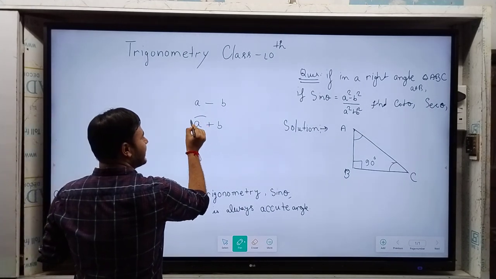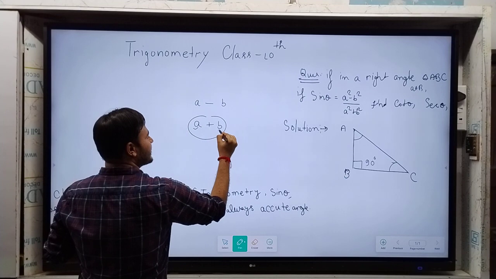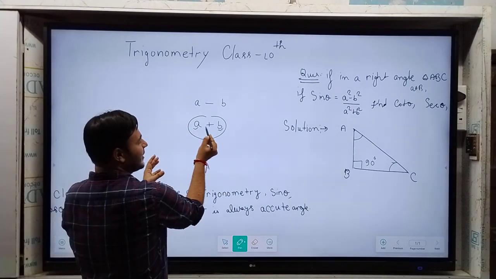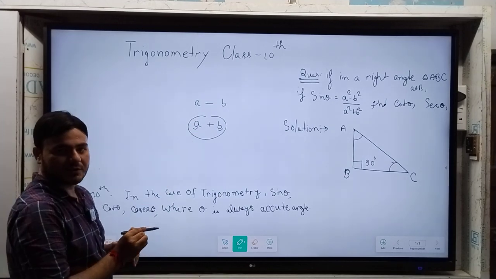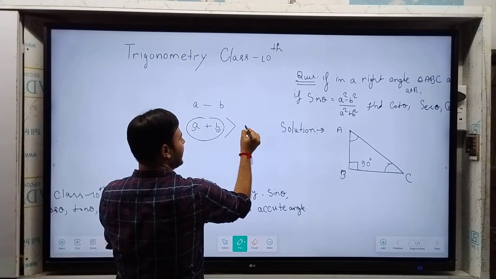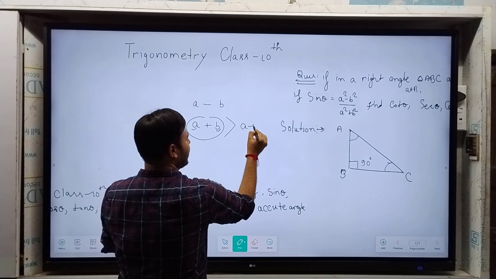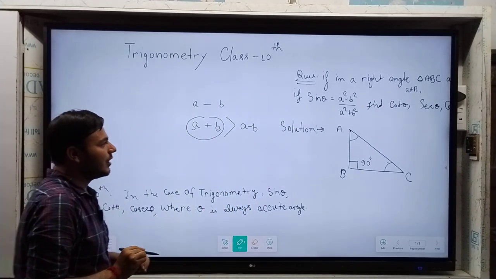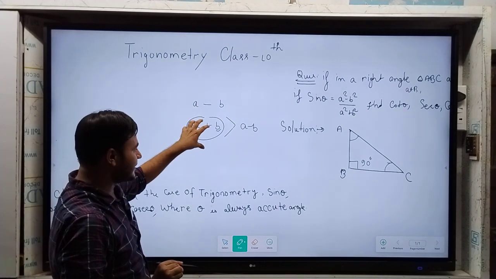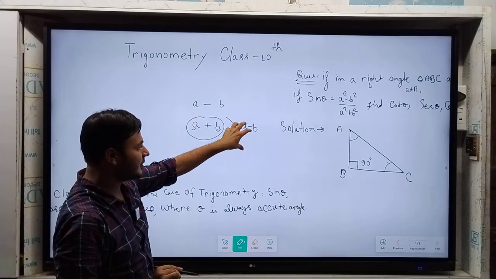If a and b are positive numbers, a plus b will be greater than a minus b. So the hypotenuse will be a plus b, not a minus b.